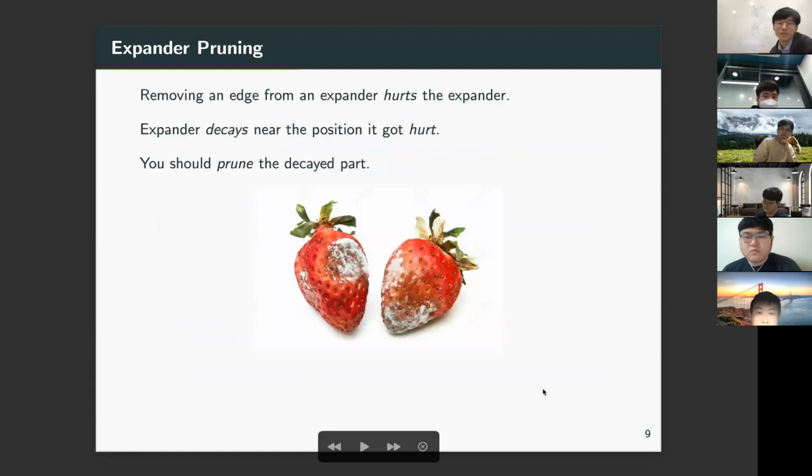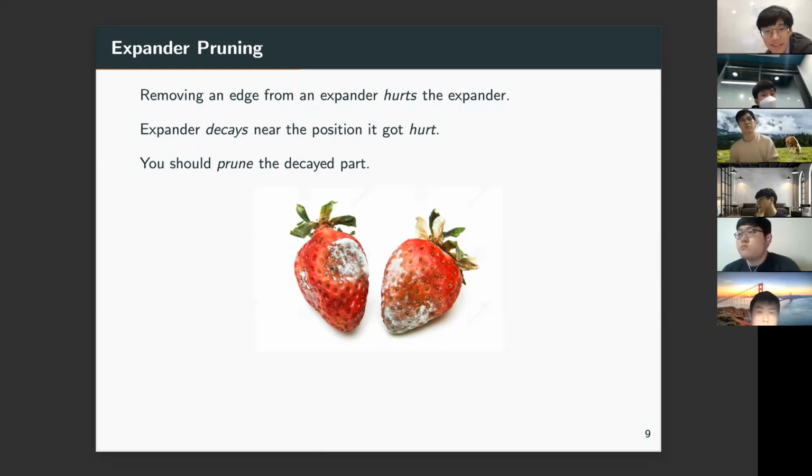So what happens is, if you remove an edge, it hurts the expander. Think about how local it is. Like if something is infected, then it decays in the part near where it is impacted. Expanders also work in a similar local way.